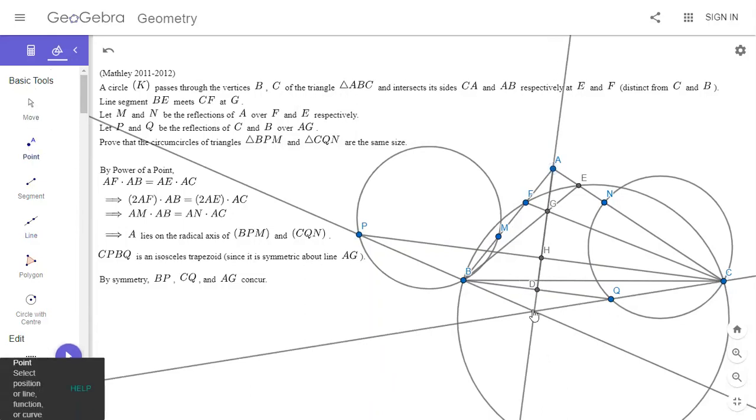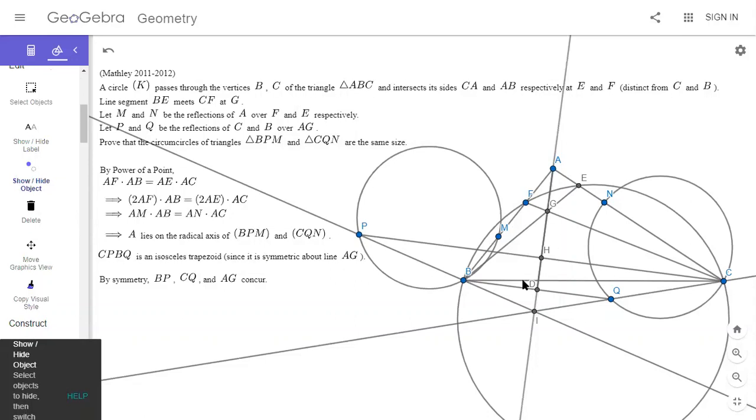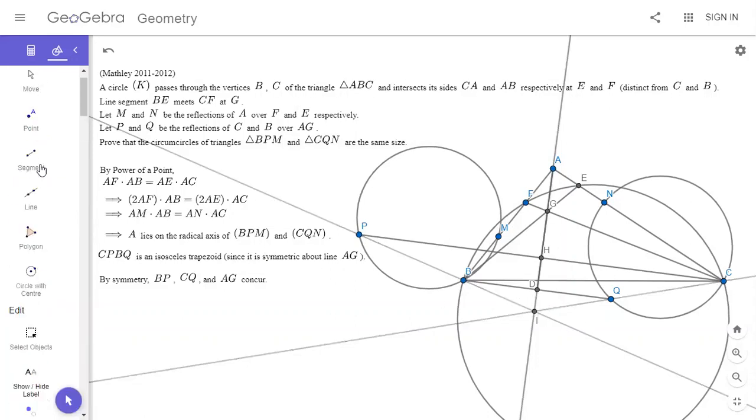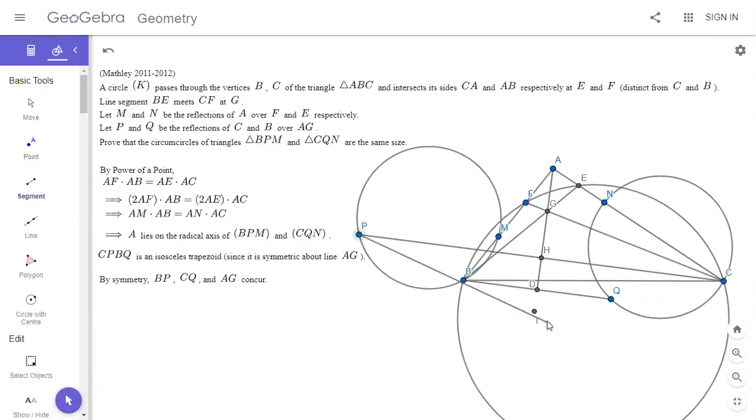So I'm going to let it concur at a point I. And then I has the same power with respect to those circles.